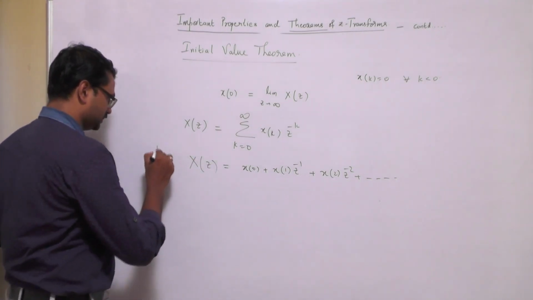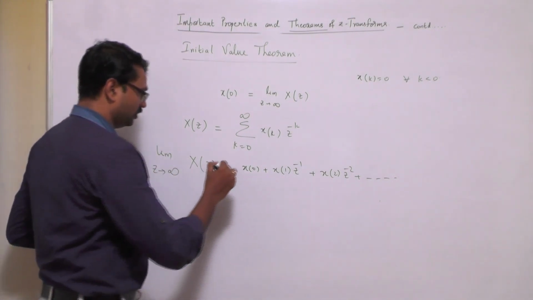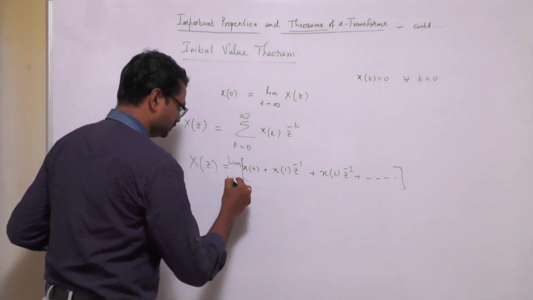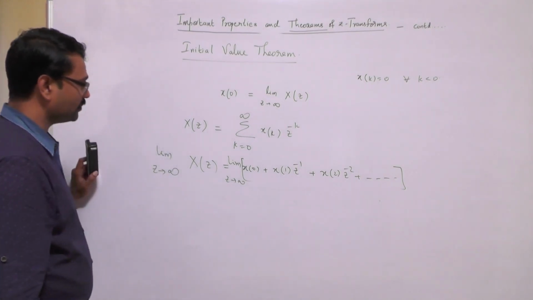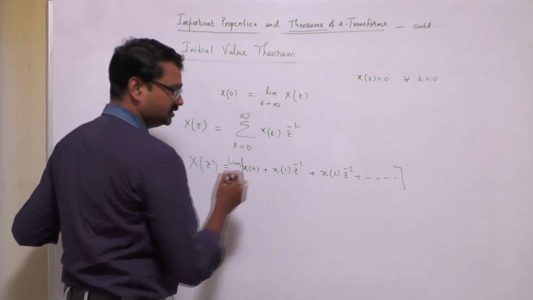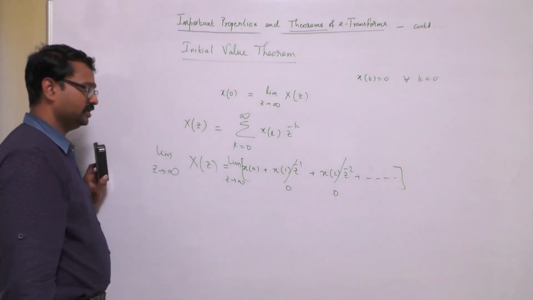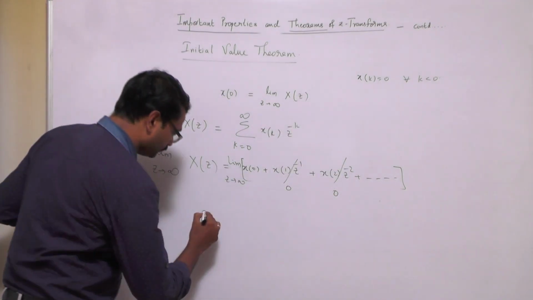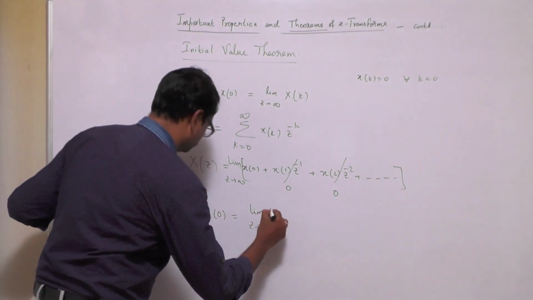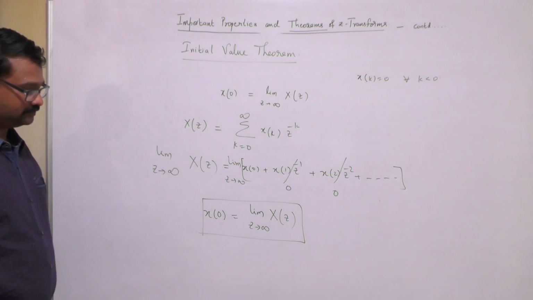Now when I take the limit z tends to infinity, 1 by z gives you 0. This is going to 0, this is going to 0, and all the remaining terms up to infinity are going to 0. Therefore I am left with only x of 0. Therefore x of 0 is equal to limit z tends to infinity x of z. This is called the initial value theorem of the z transform.